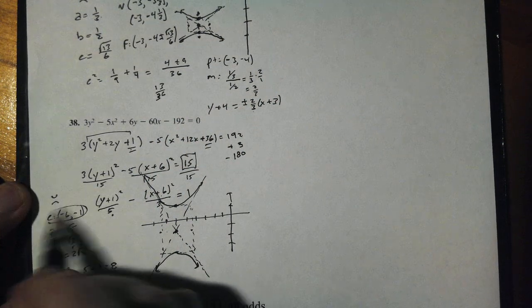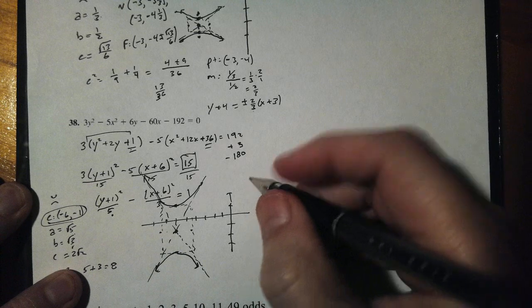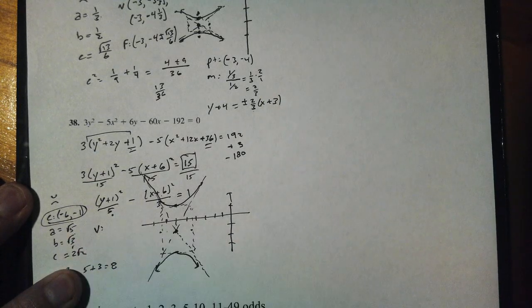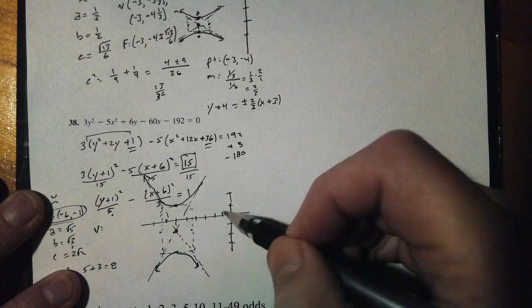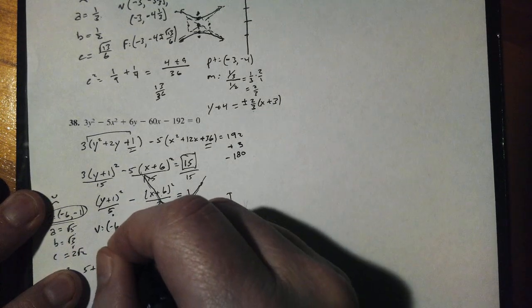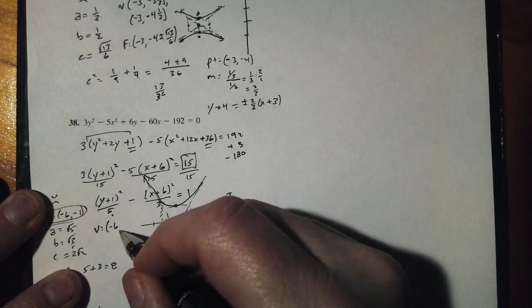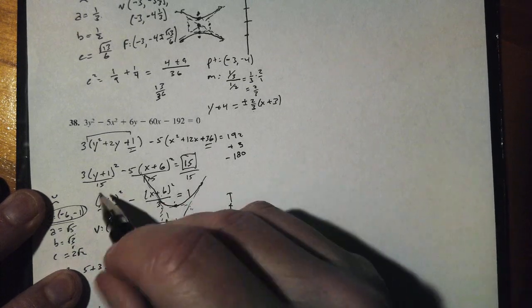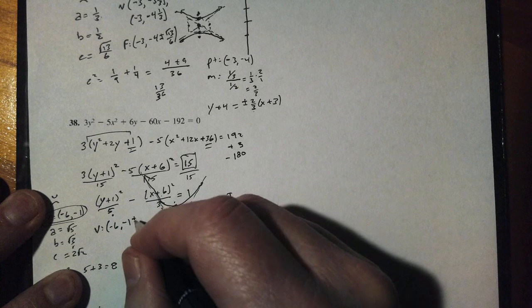Giving me, let's see, I've got my center, boxing myself in. I need some room for that problem too. My vertices, to get there I went left 6, and then I went down 1, and then I went up and down square root of 5.